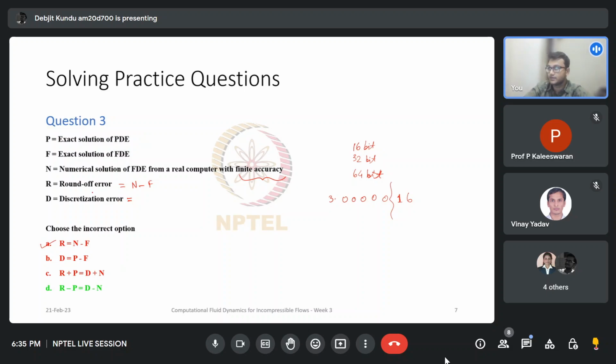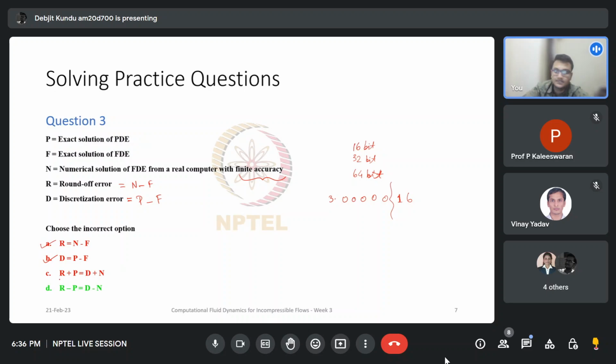This is where discretization error comes in, and this is the exact solution of a PDE minus the exact solution of an FDE. If we hadn't done that truncation, we would have gotten the exact solution of the original PDE. But since we're discretizing and leaving out some terms, we're truncating them. That's where this error comes in. So D equal to P minus F. Option B is also correct.